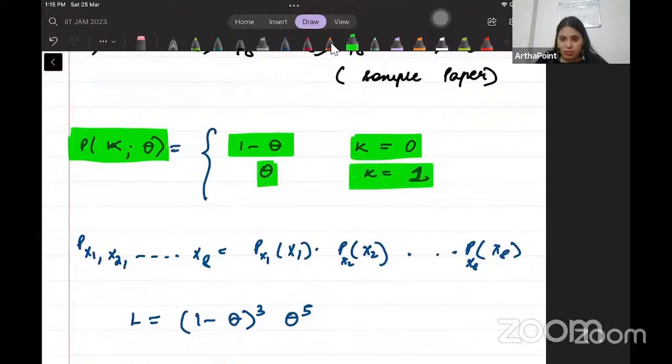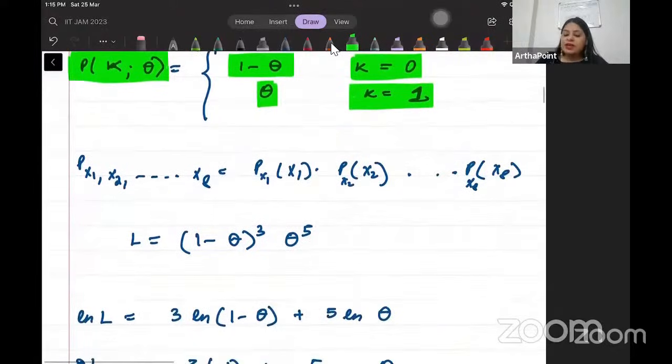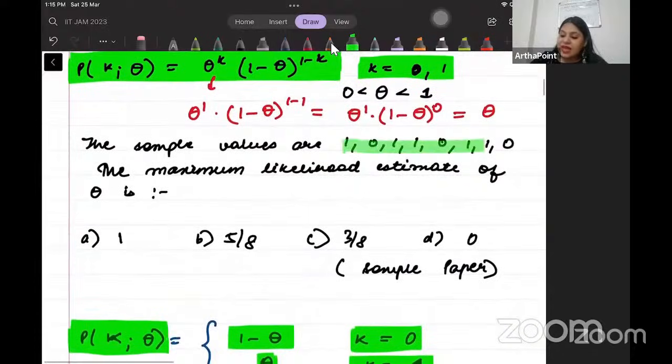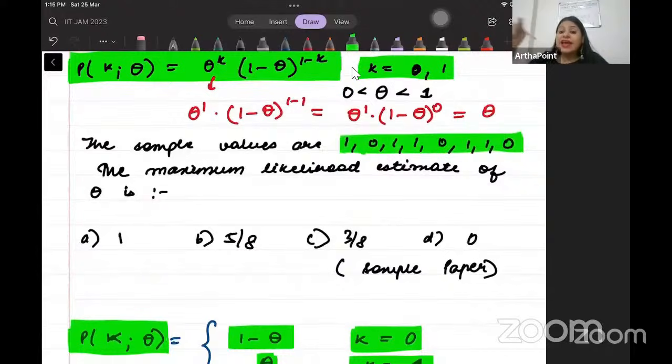Now, if you remember, when I have to find a maximum likelihood, what do we usually do? We multiply the probabilities, right? So probability of x1 into x2, and it tells me that there are 8 sample values. So I need to multiply x1 into x2 into x3 till x8.